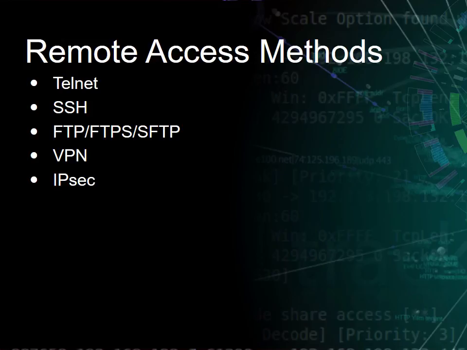Then we look at FTP, which is File Transfer Protocol. There are different versions of it. There's FTPS and SFTP, and both of those are secured using SSL or TLS. Once again, if you use just FTP, your credentials are passed in the clear.